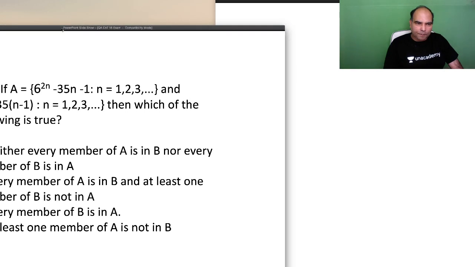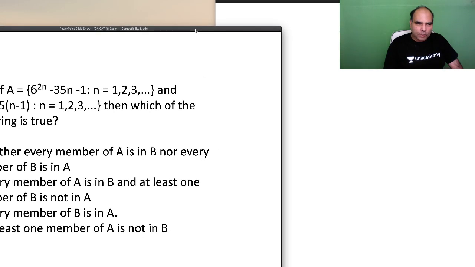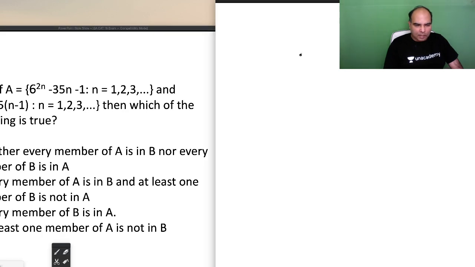When you look at this question, one of the first things you need to understand is that the terminology used in this mathematical representation is the terminology of the representation of a set.